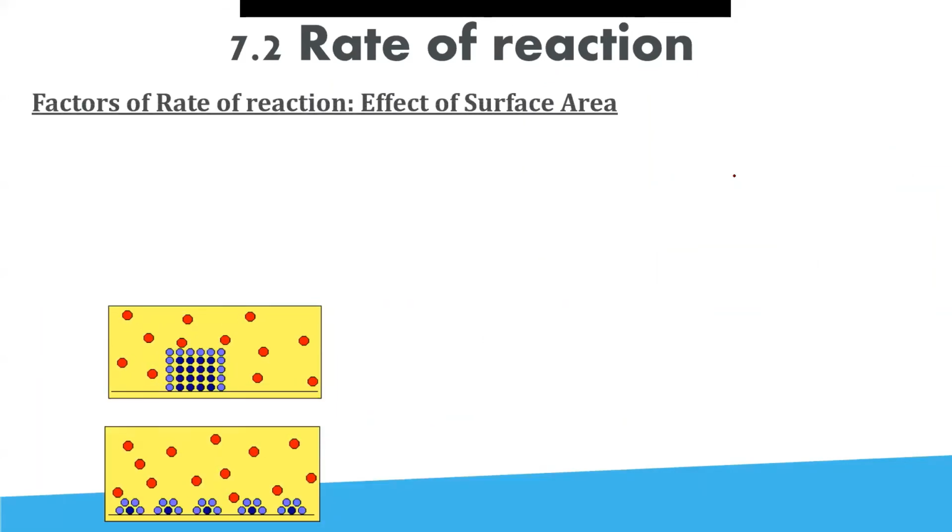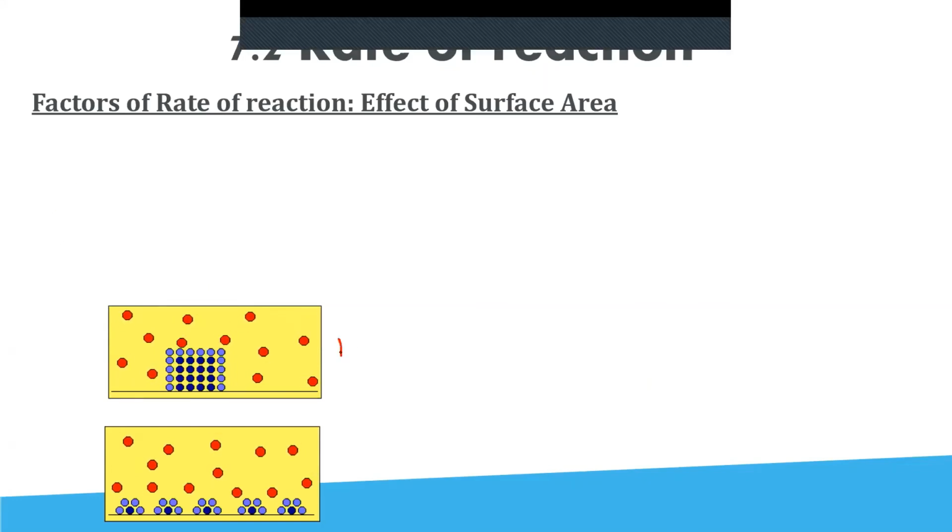The next is the effect of surface area. Look at the diagram here. Can you tell me what's going on in these two diagrams? Diagram 1 and diagram 2. What's going on here?